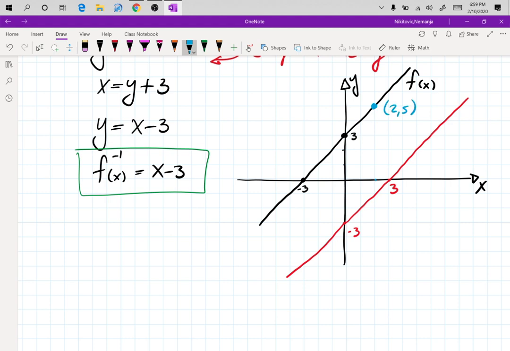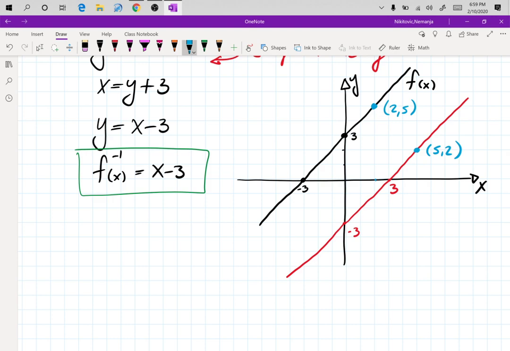That means that the point 5, 2 must be on the red line, because the red line is the inverse and it swaps x for y. Do we have 5, 2? Right there. There's your 5, 2. Any point you pick on the black line must exist in a reversed order on the red line.